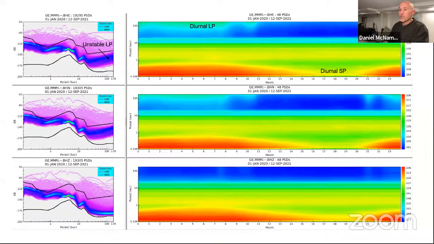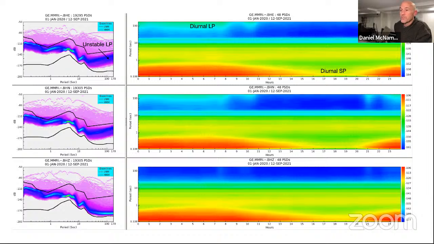Here again, very typical. You can see fairly unstable long periods. Again, the same sort of feature that we've discussed in nearly every sensor, every station. A lot of diurnal variation of the long periods and the short periods. There's quite a lot of quite high noise levels at the short periods due to cultural noise.